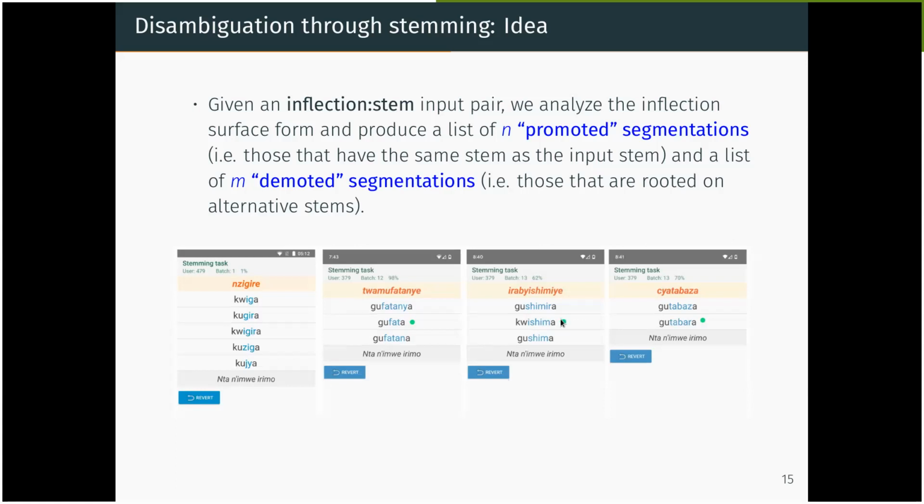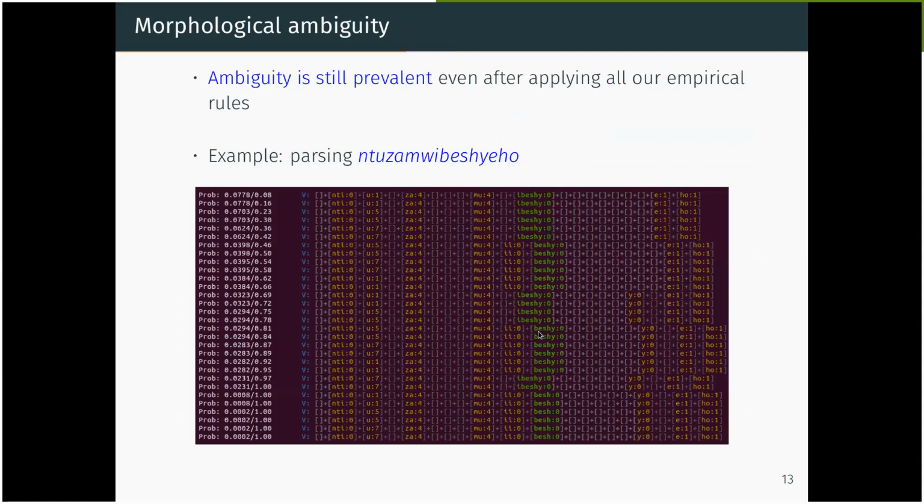So the idea is to know the features of this word, and based on these features, you give probability to one of the stems. And when you are doing disambiguation, you disambiguate based on the features. So you take the features of each segmentation, you put them into the classifier, and the classifier is going to give you a probability or a score.